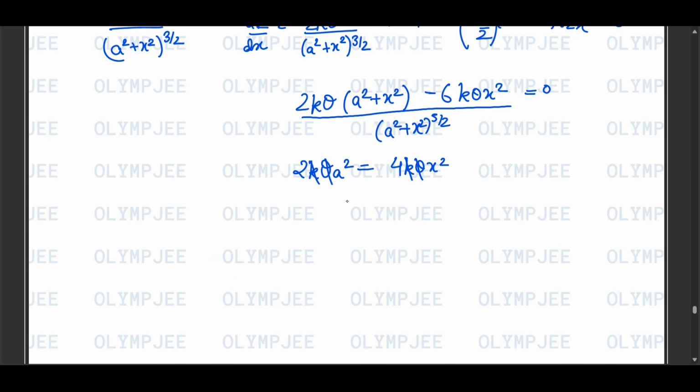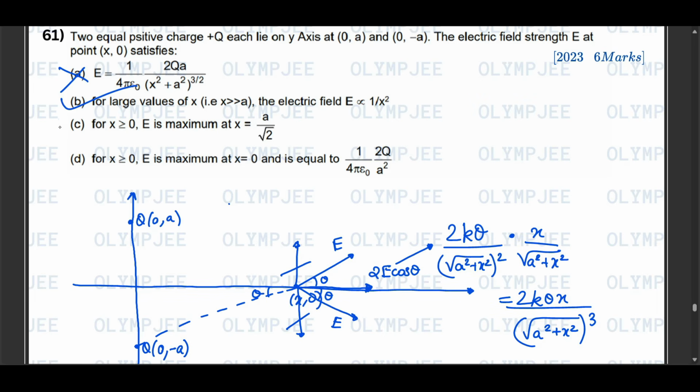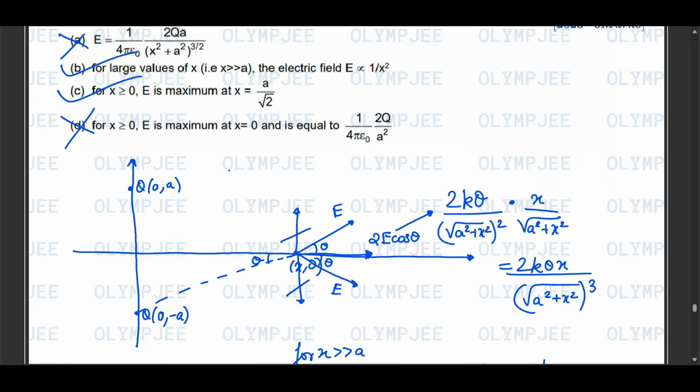We will get that a square is equal to 2x square, or x is equal to a by root 2. Right, so this is correct and this is wrong because E is not maximum at x is equal to 0.